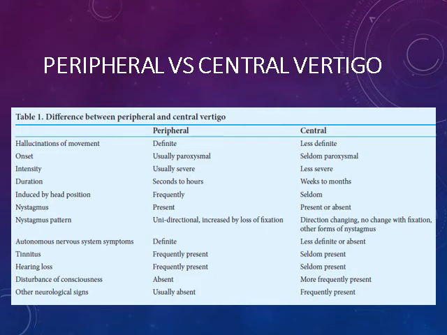Nystagmus is present in cases of peripheral causes of vertigo, whereas it might be absent with central vertigo. And when we mentioned earlier that we have to record true vertigo, meaning we have to record nystagmus, this means we have to record it during the attack.